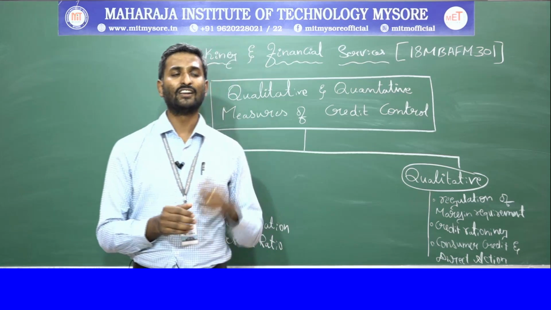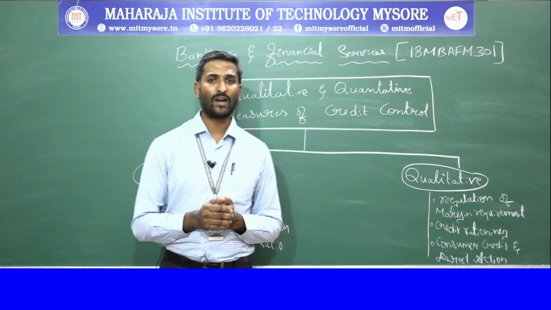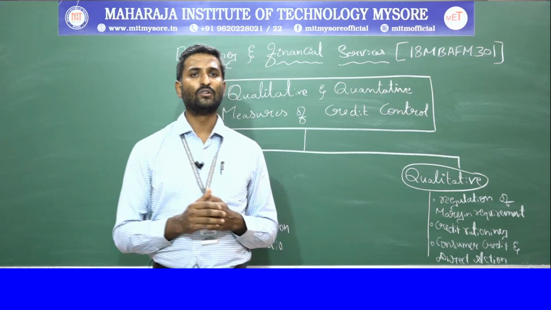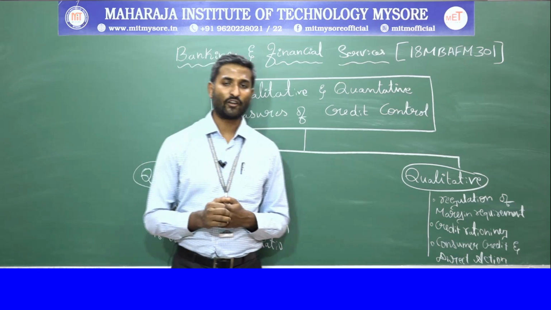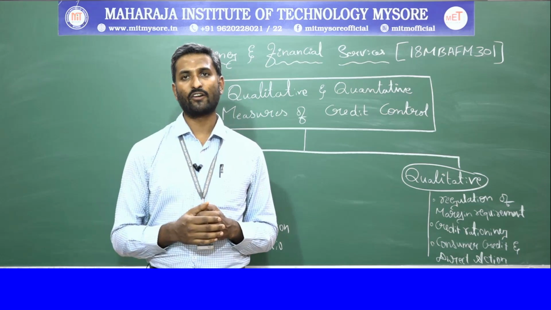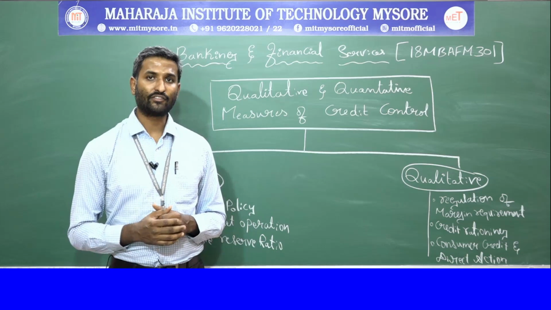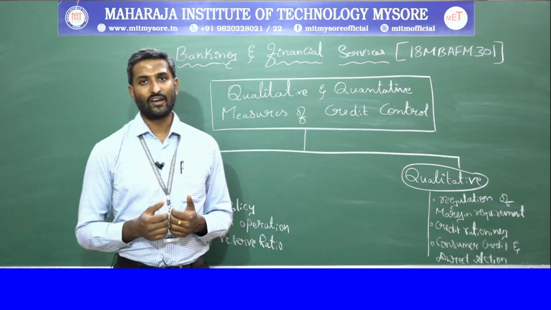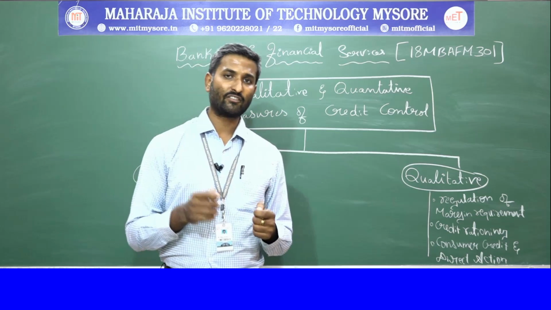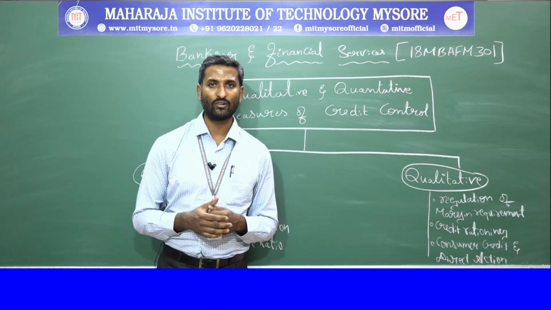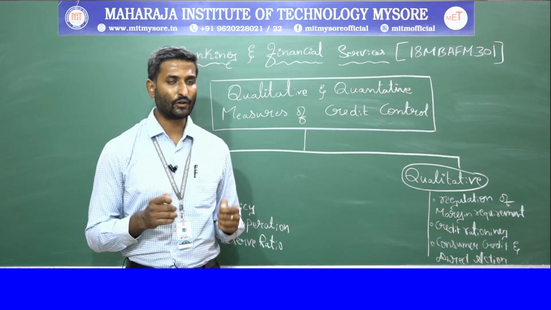Also, a rise in the margin requirement results in a contraction in the borrowing value of the security. The market value of the particular asset may go up or down, and this is going to be controlled.